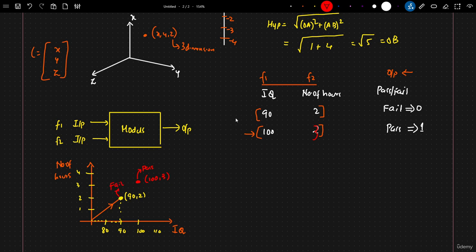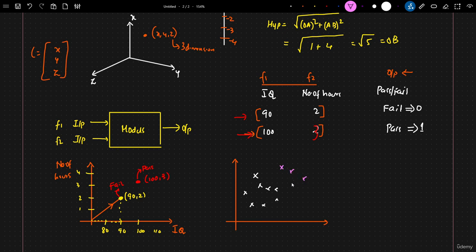So at the end of the day, for every record, we can represent it in the form of vectors. Because at the end of the day, you'll see how I will be solving this problem. Let's say I have some coordinates over here, displayed in white color. White color represents fail, sorry.